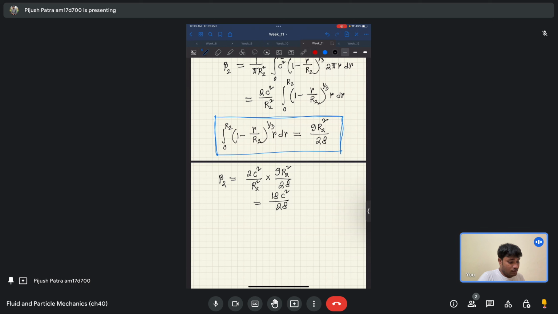So based on that we can choose a value of c actually. So 18 into 1.2, something like that.